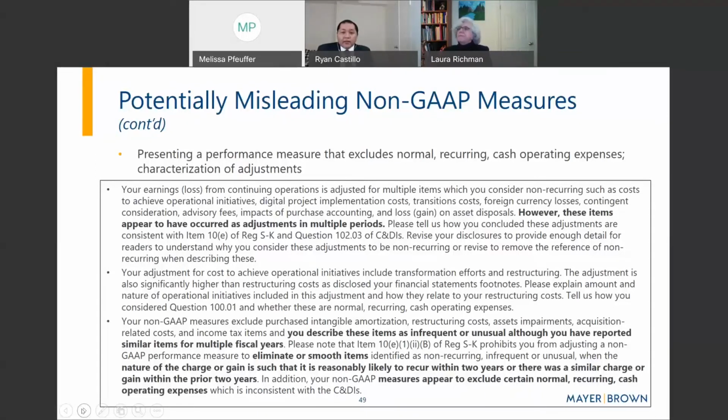In the examples on this slide, the staff asked companies to explain why they claim various adjustments, such as transition costs and advisory fees, are non-recurring or unusual, when in fact these adjustments are showing up regularly and frequently and in multiple periods in their filings.